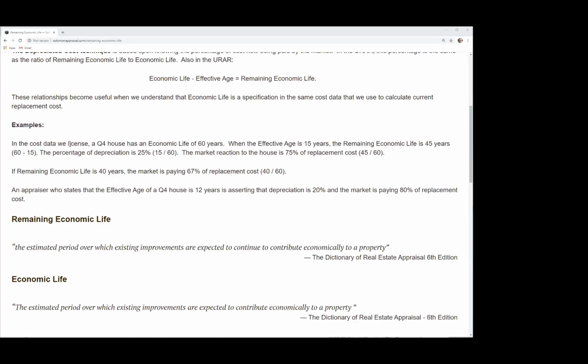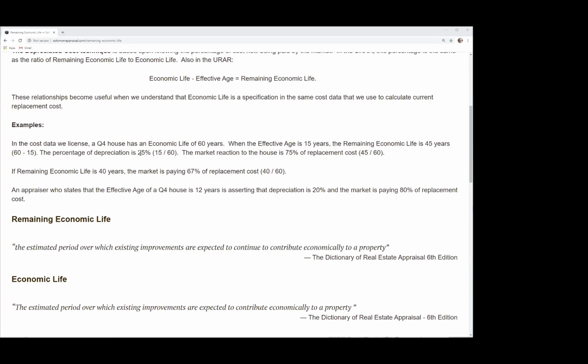So if economic life is 60, which is assumed in the cost data that we license, I know that there are other people that like to extract that from the market, but we just use 60, and you can account for that, which we'll talk about later. But if effective age is 15, remaining life is 45, and the percentage of depreciation is 25%. 15 divided by 60 is 25%.